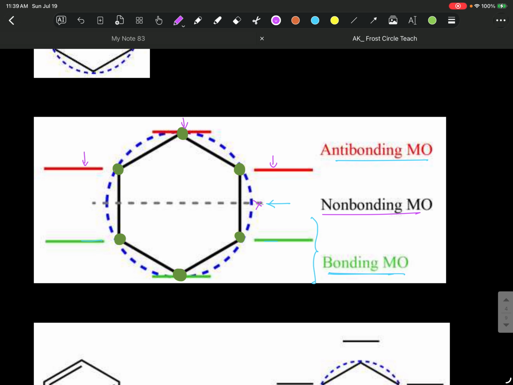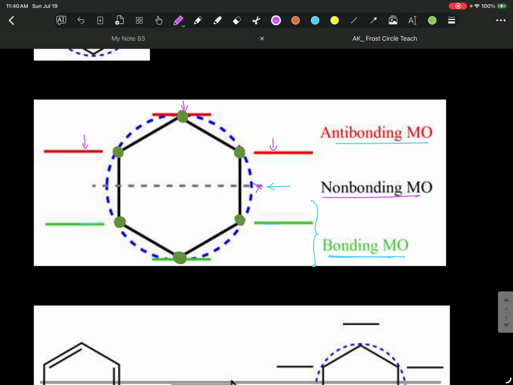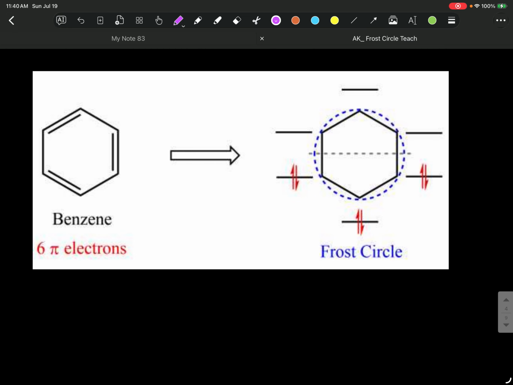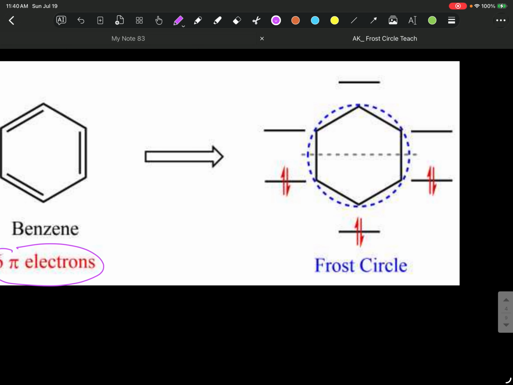Once you have drawn the circle, drawn the polygon inside it, identified all the vertices touching the circle, and identified the non-bonding, bonding and anti-bonding levels, that's when we start filling in the electrons. As I said, benzene has 6 pi electrons, and we fill these molecular orbitals with those electrons.